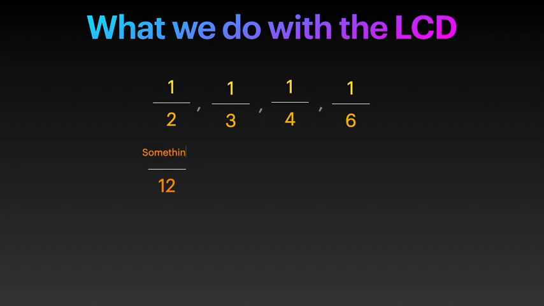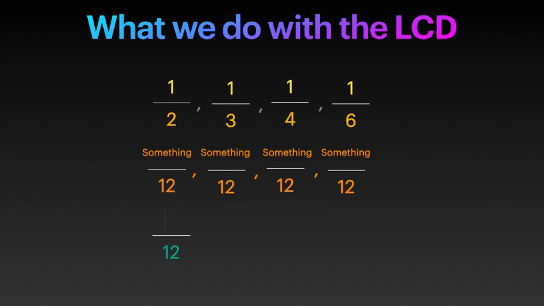Now let's have a look at our first fraction. It is half. Now 2 has become 12. It must have been multiplied by 6 to become 12. So we multiply the numerator also by 6.